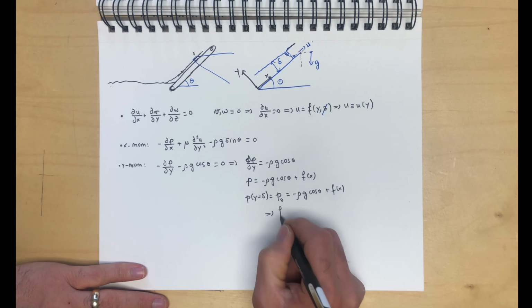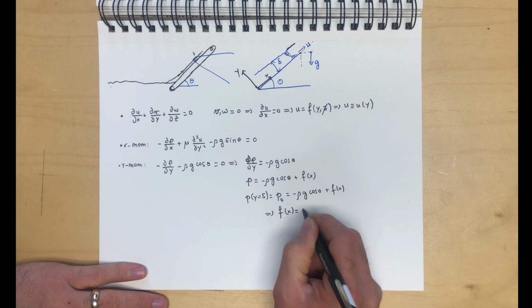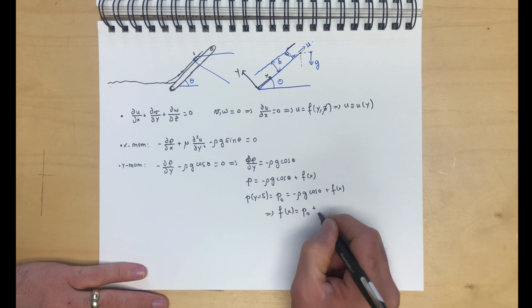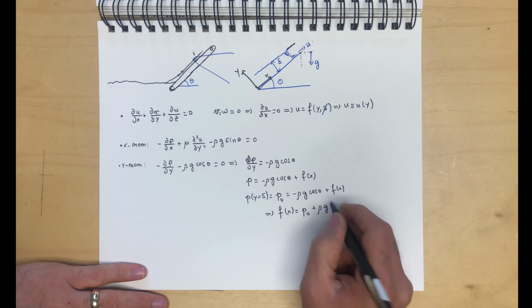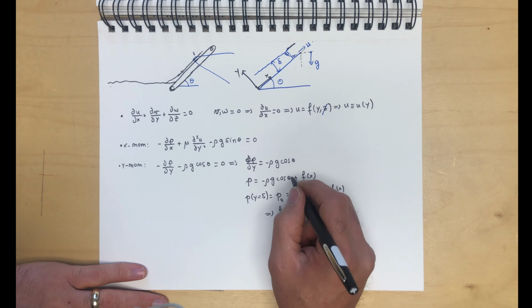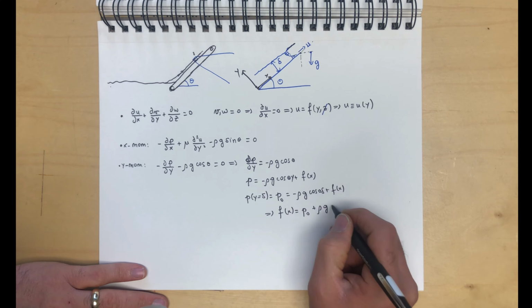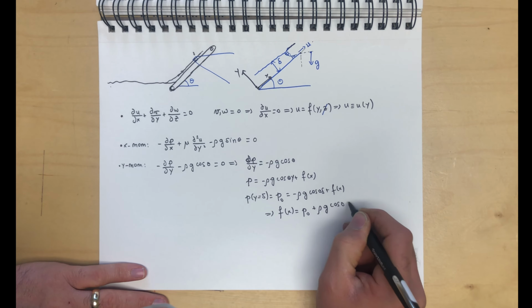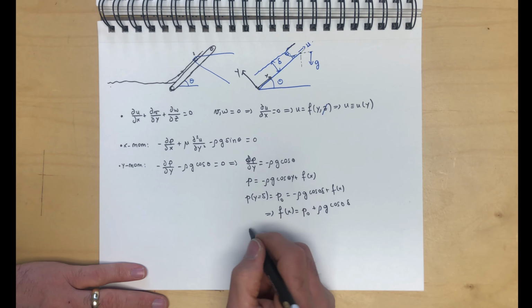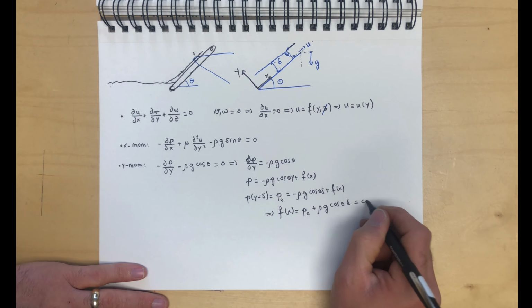So this implies that f of x is equal to p0 plus rho g cosine theta delta. And therefore f of x is a constant.